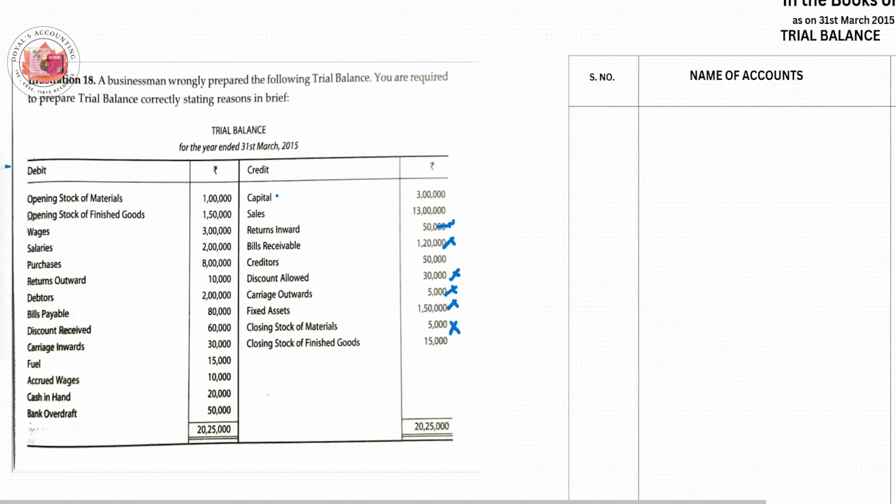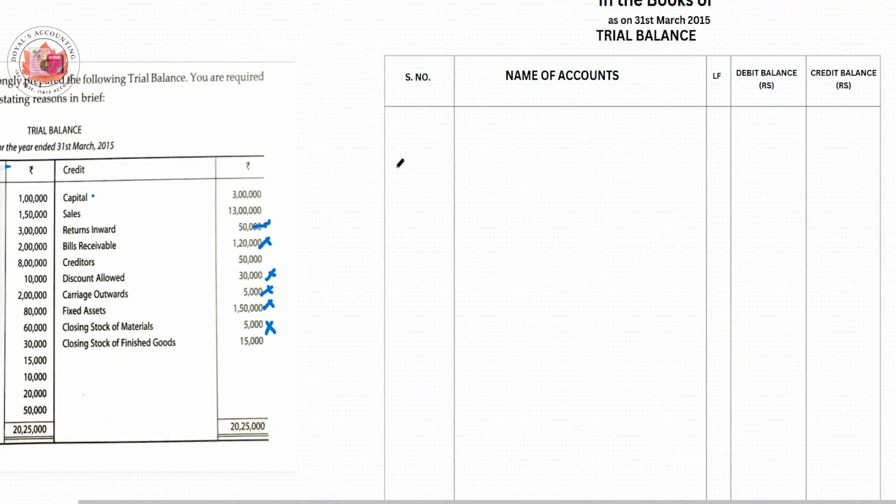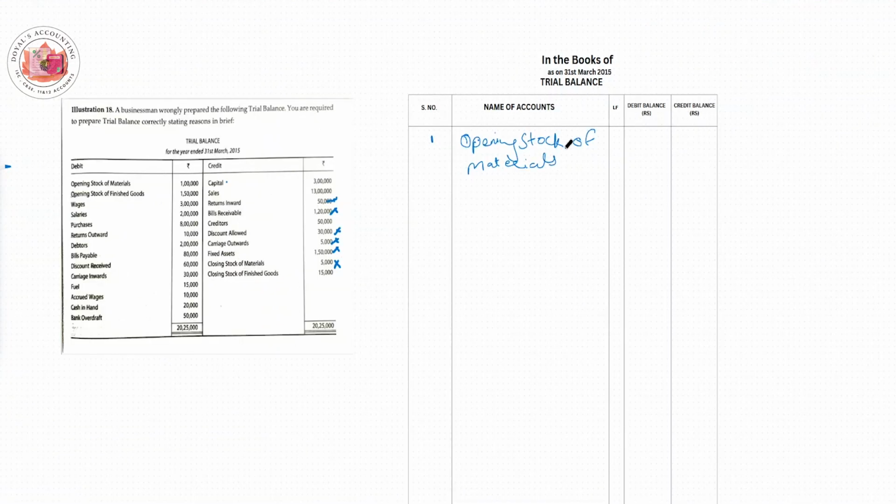Okay, so let's get started. Opening stock of materials and opening stock of finished goods has been recorded correctly, so let's write those. This will have a debit balance, 1 lakh. Next one will be opening stock of finished goods, 1 lakh 50,000.